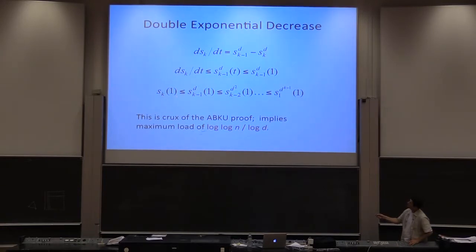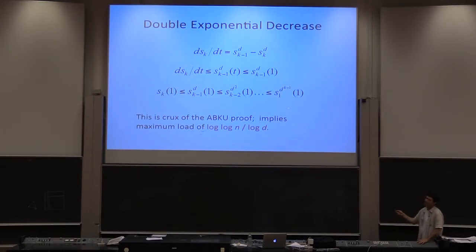If I integrate this expression from 0 to 1, I'm going to get s_k of 1 on this side, and on this side that's less than s_{k-1} of 1 to the d power. And now, just inductively, that means it's less than or equal to s_{k-2} to the d squared power, and so on. It's less than or equal to s_1 to the d to the k minus 1 power.